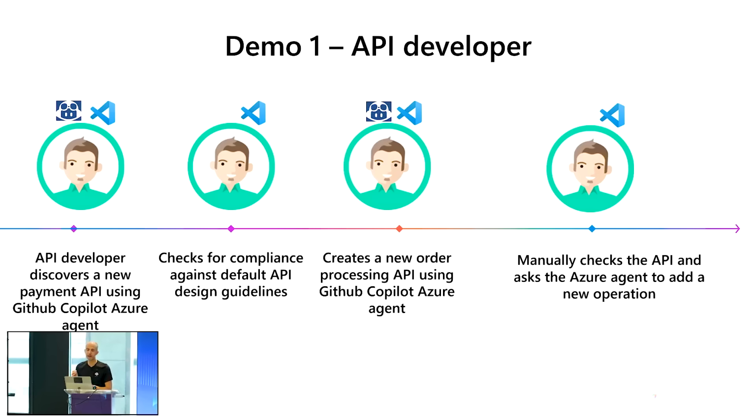So I will apply that as some kind of grounding of the new API on the existing API portfolio. And then we will check that the API is compliant with my rules and API style guides that I have defined within the enterprise, okay?